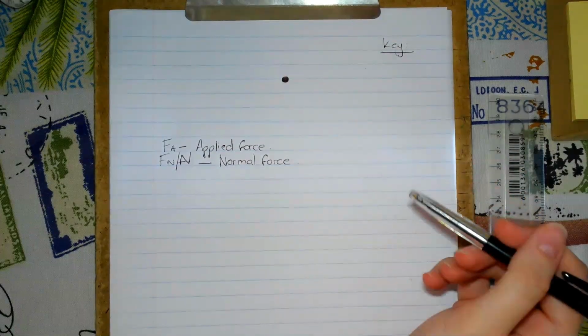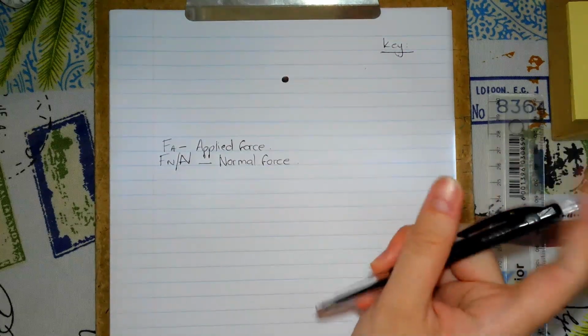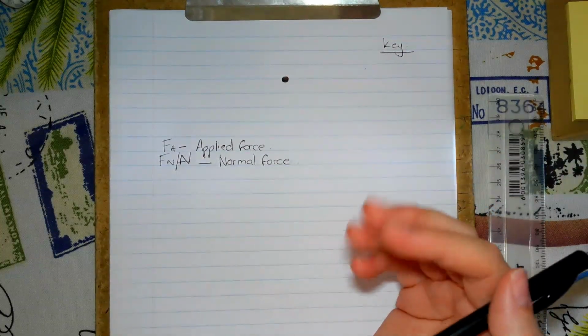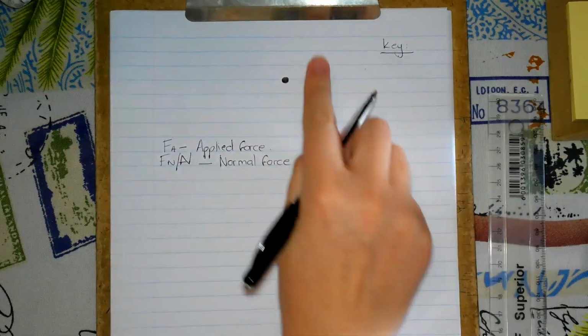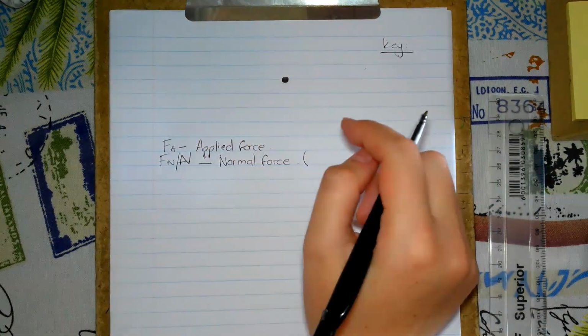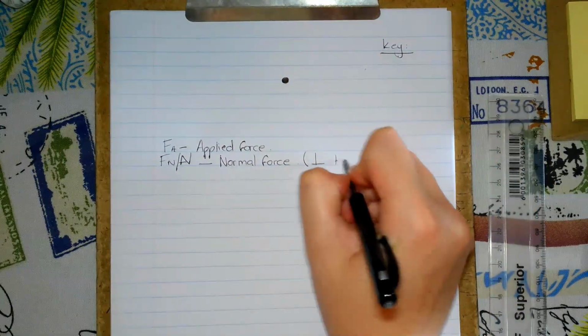But sometimes when the weight is too heavy, the object will fall through the surface, such as a chair breaking, table breaking, whatever the case may be. And when you draw your normal force in your free body diagram, the normal force must always be perpendicular to the surface.